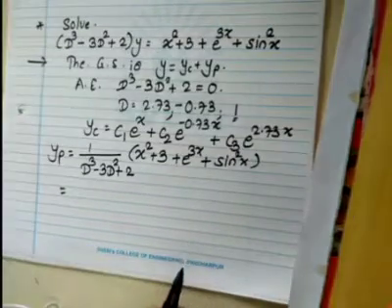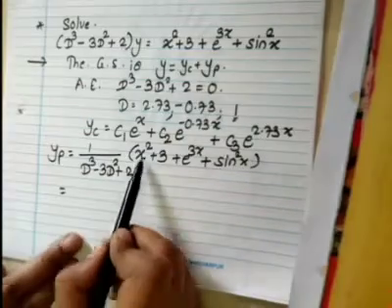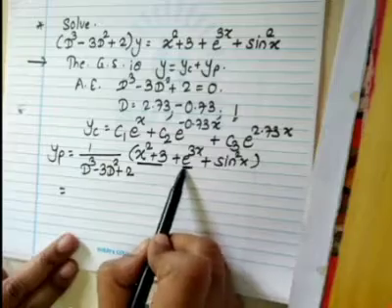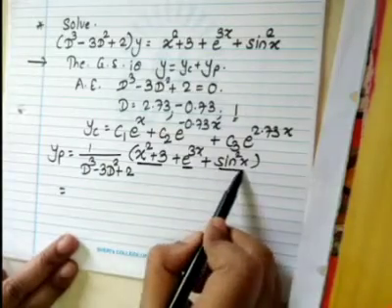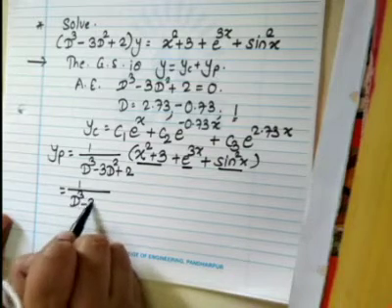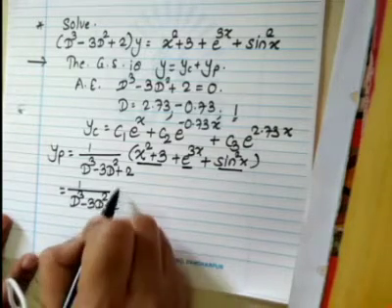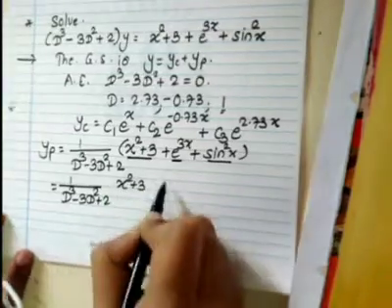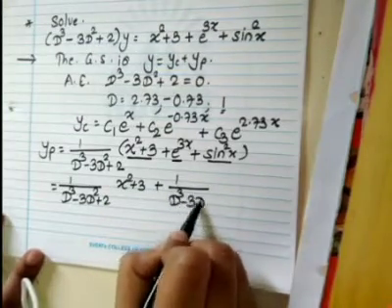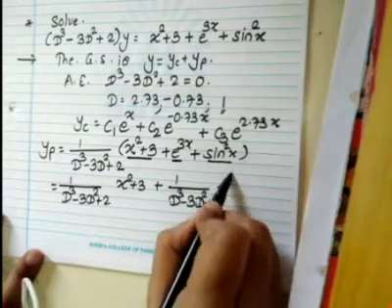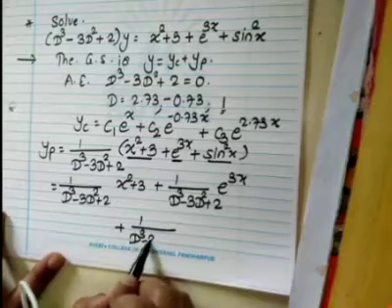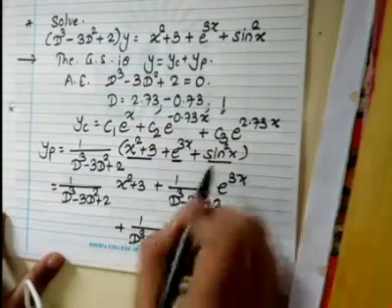Then the first two are a polynomial. This is e and this is sine square, but we'll see what it is. We separate them. Plus 1 upon D cube minus 3D square plus 2 into x square plus 3, first function, plus 1 upon D cube minus 3D square plus 2 into e raised to 3x plus 1 upon D cube minus 3D square plus 2 into sine square x.